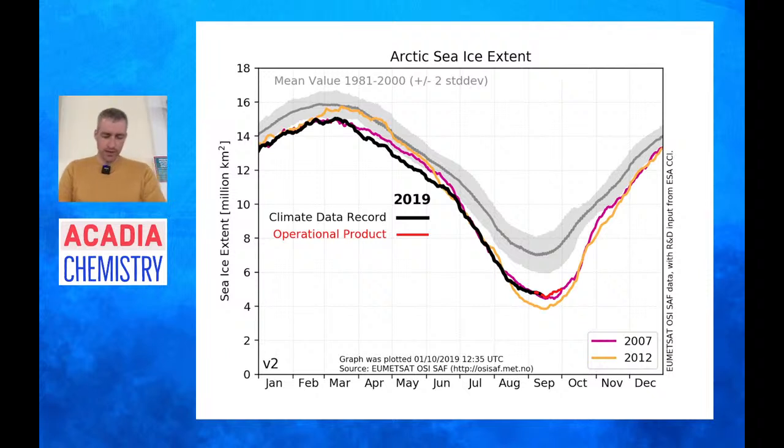And this is just showing the mean value. I guess this is from 1981 to 2000, would be this gray line here, which is now quickly becoming a red line. That is the extent of sea ice, depending on the time of year, because of course it's going to grow in the winter and shrink in the summer. Between 1981 and 2000, and that gray hazy area around it is the noise that you'd expect, the variation within those years.